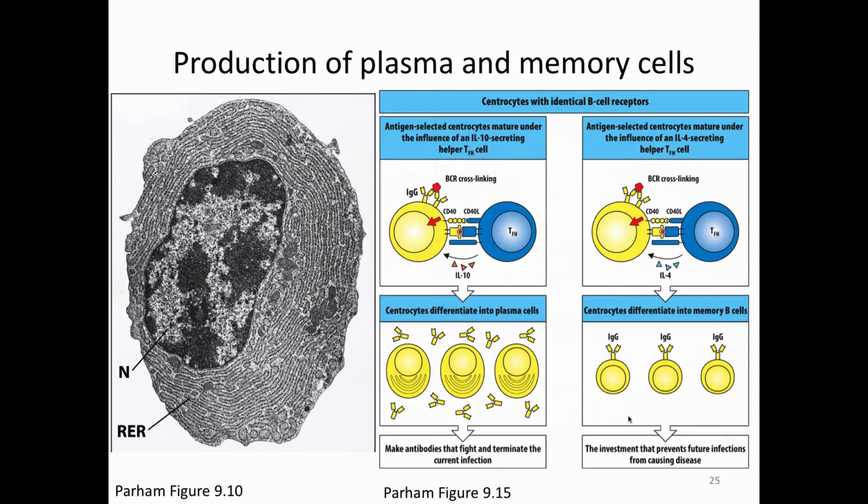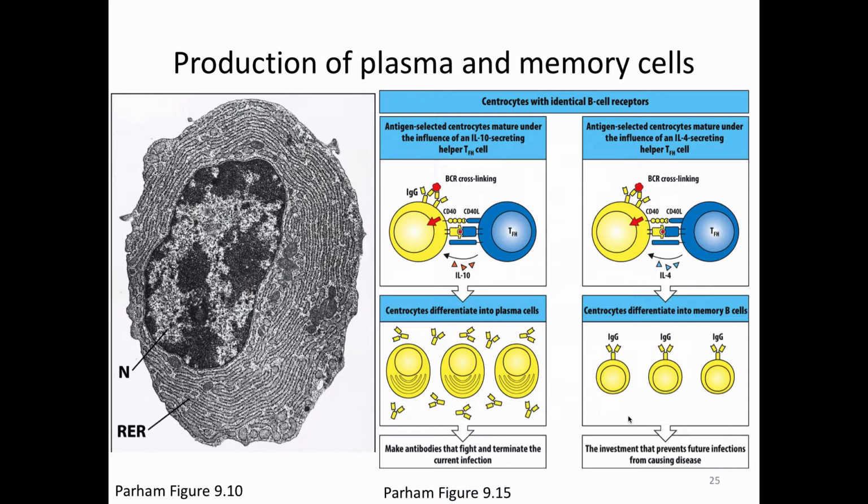The cell has basically lost the ability to do anything other than secrete. Specifically, it's going to secrete high levels of antibodies. These guys are going to make boatloads of antibodies. All they're going to do is secrete antibodies. And so our B cell can become a plasma cell that is basically an antibody factory, able to produce high levels of antibodies.